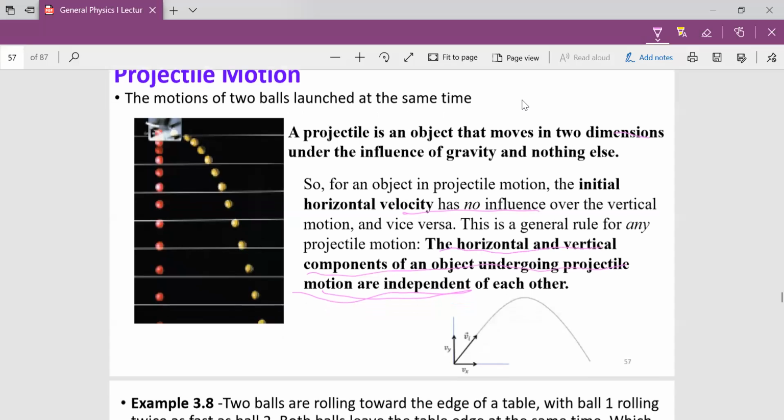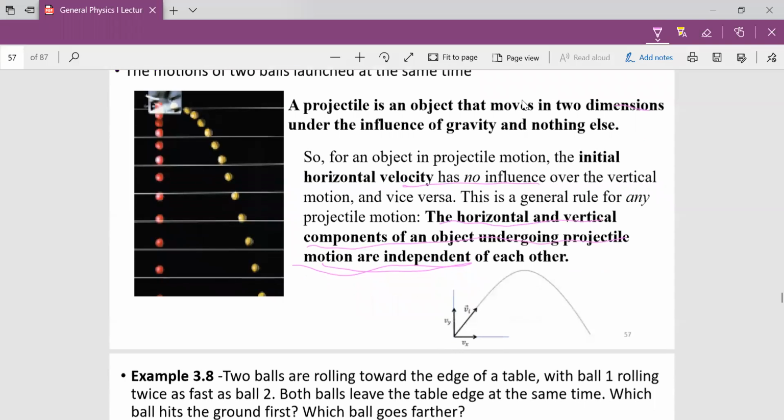Okay, so we'll have in this figure the projection of an object straight from a source and follow the curved path down. This is the initial velocity of the object, which can be decomposed or resolved into the y-axis and the x-axis.